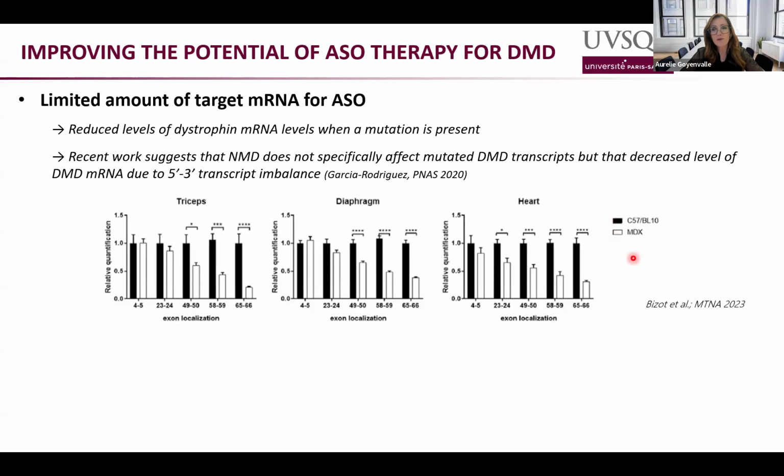So this is an example in the dystrophic mouse model, the MDX, where you can look at the level of transcript along the gene at the different exon junctions.